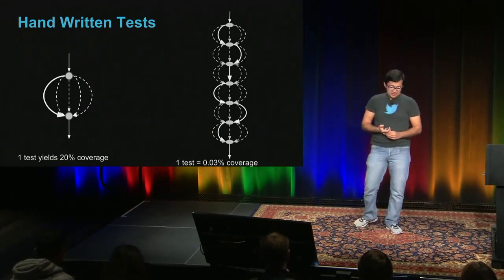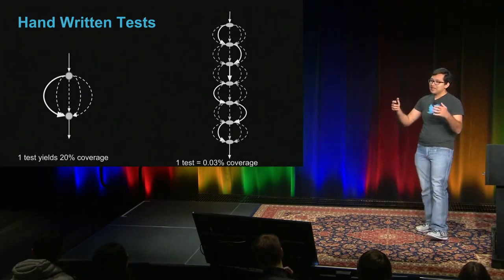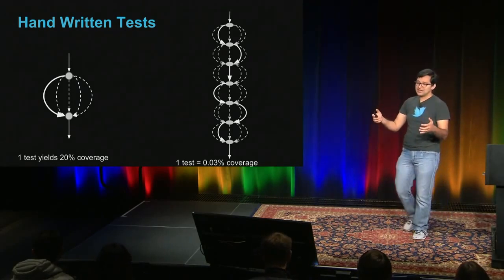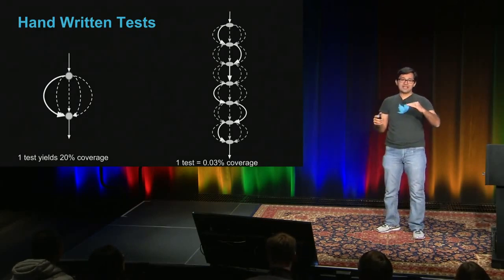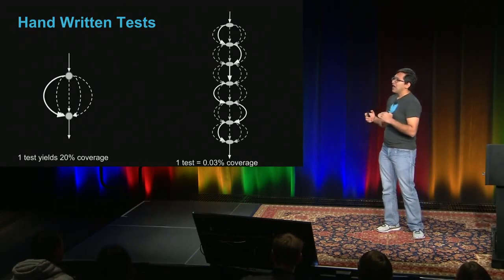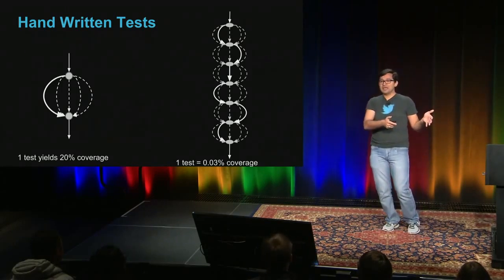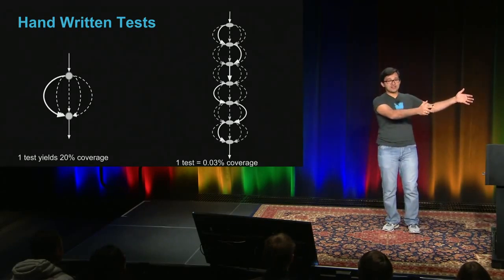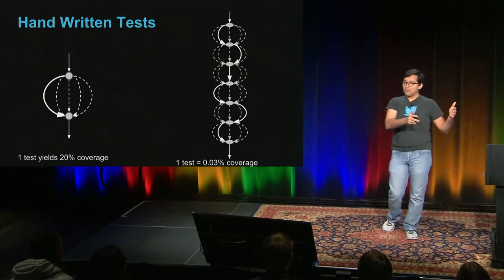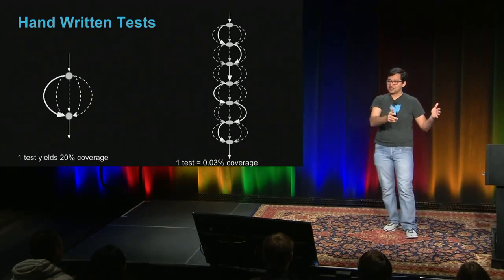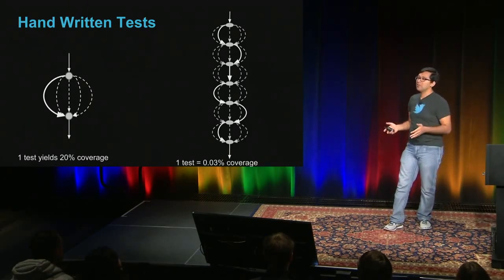But the thing to be cognizant of here is that as the complexity of the system that you're trying to test grows, the relative impact of every handwritten test is smaller and smaller. And if I take the example of one of our services in production, and I use the production cluster that's running that service just to run tests, it would take about 1,000 years for that cluster to finish running all the tests covering every single possible code path.